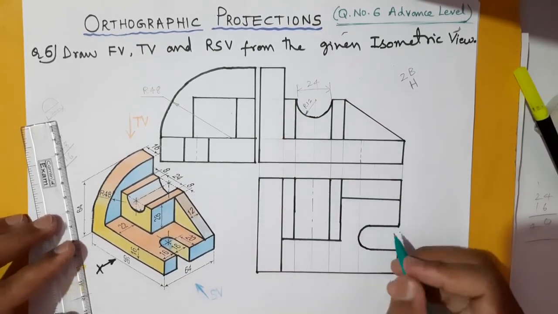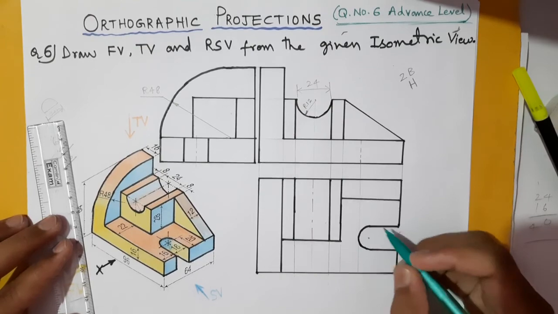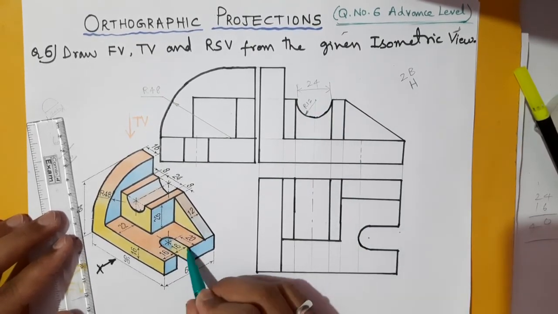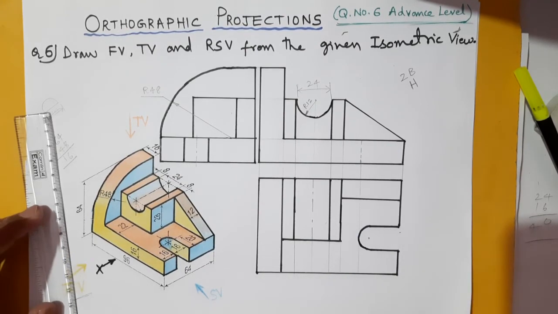There are two options for this. And for this arc also, same way how you have done here 24 or 12, here also you can do 16 or 8. Okay, this is all in this video.